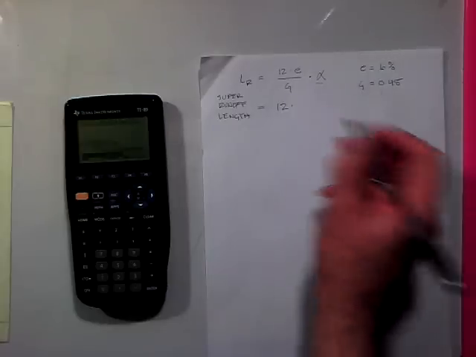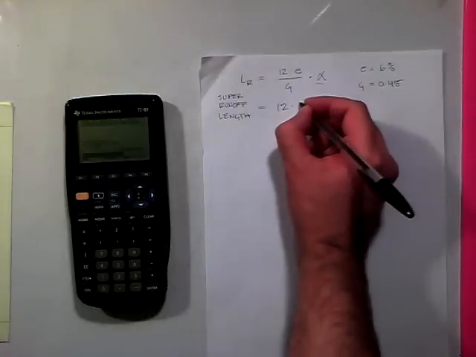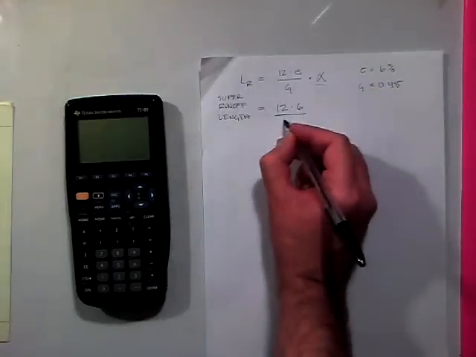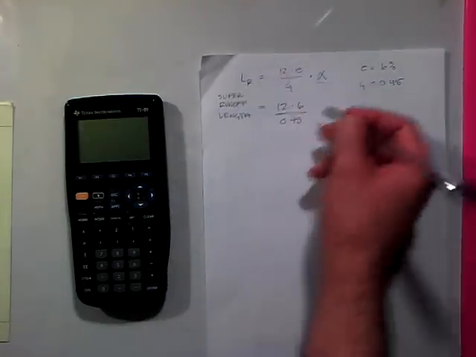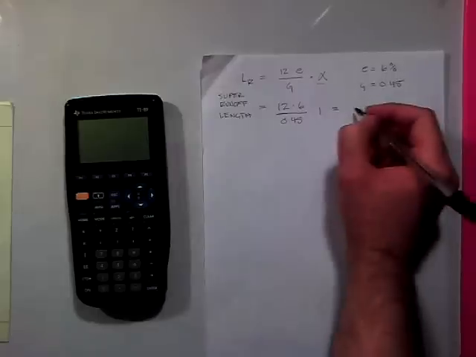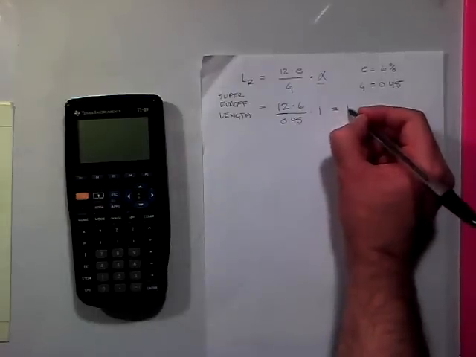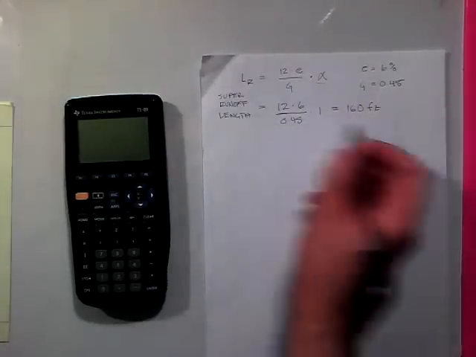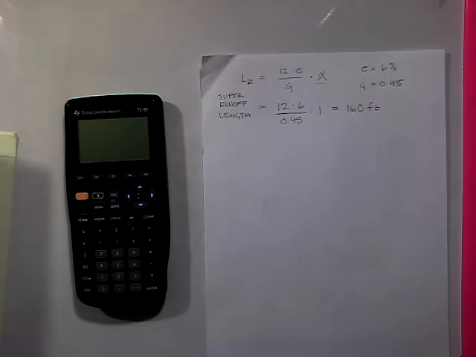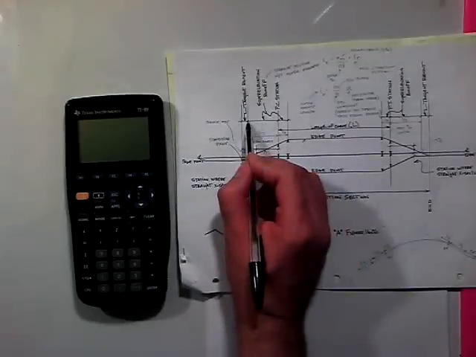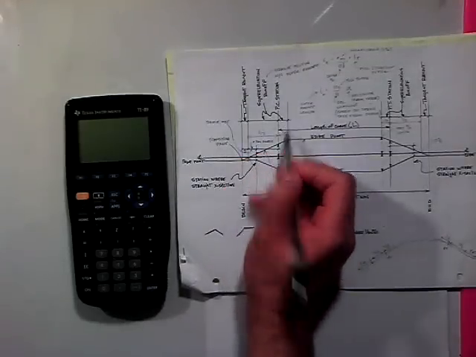And so here we go, 6%, divide that by 0.45 and times 1, and that equals 160 feet of superelevation runoff, which is the part from the end of tangent to the full superelevation here.